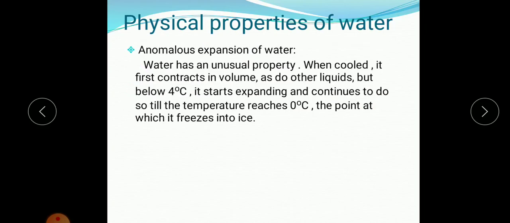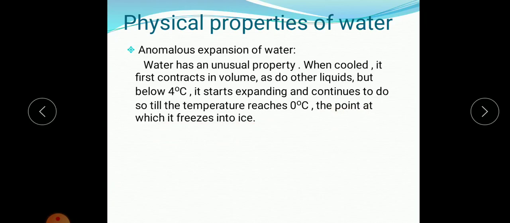Now, next, a very important physical property of water is anomalous expansion of water. We need to understand this term. What does it mean? Water has an unusual property. When cooled, it first contracts in volume, as do other liquids, but below 4 degrees Celsius, it starts expanding and continues to do so till the temperature reaches 0 degrees Celsius, the point at which it freezes into ice.